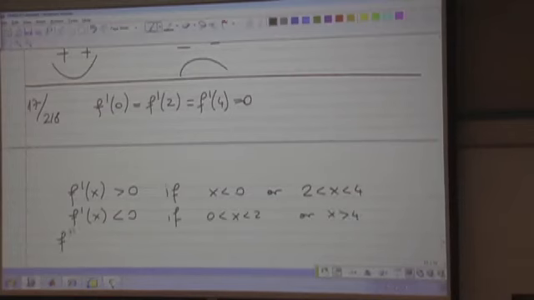F double prime of x is bigger than 0 if 1 is less than x is less than 3. F double prime of x is less than 0 if x is less than 1 or x is bigger than 3.